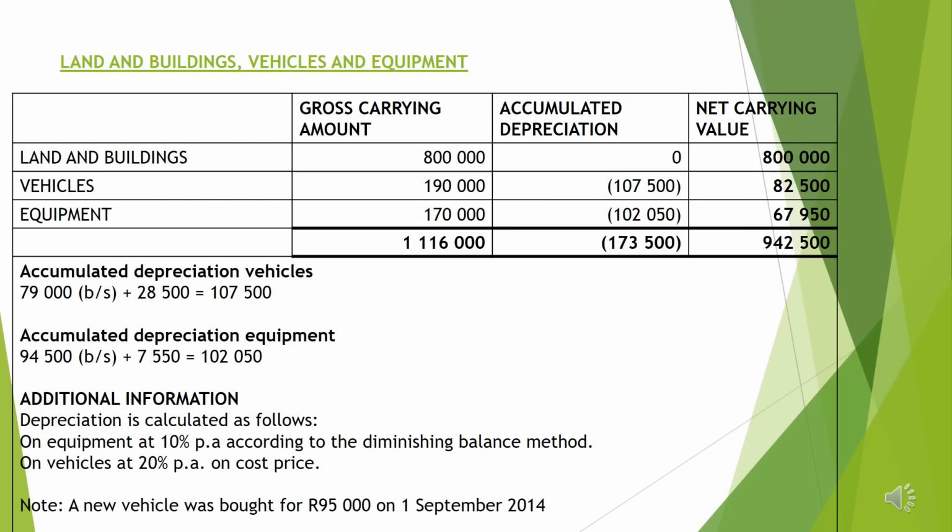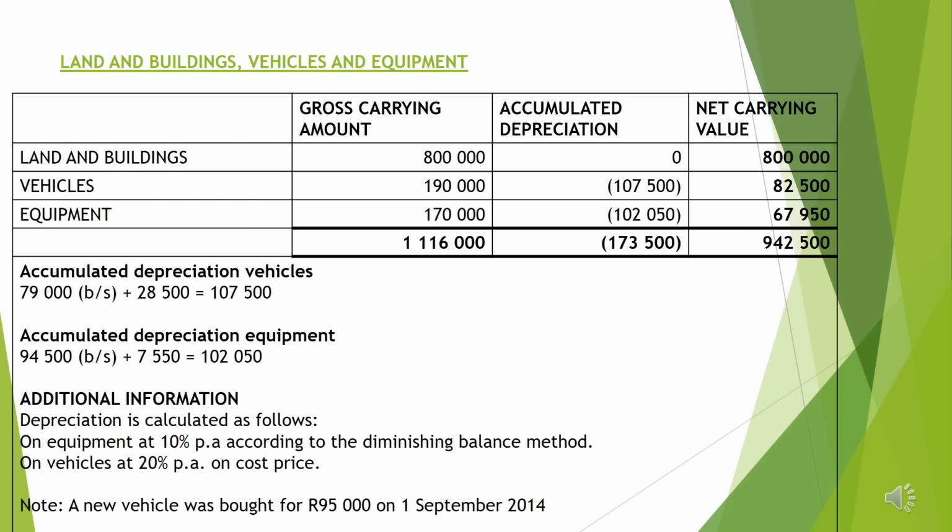Then here we are recording these accounts at their net carrying values at the beginning of the year. So cost minus accumulated depreciation at the beginning of the year. Here, your balance at the beginning of the year, 800,000 for land and buildings.